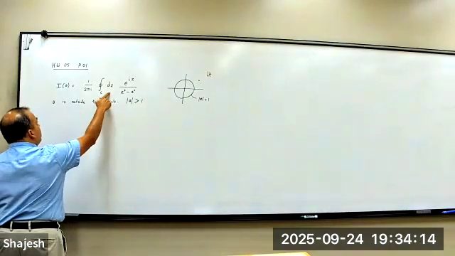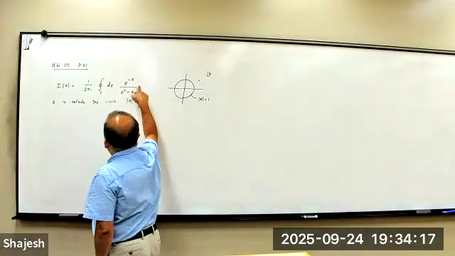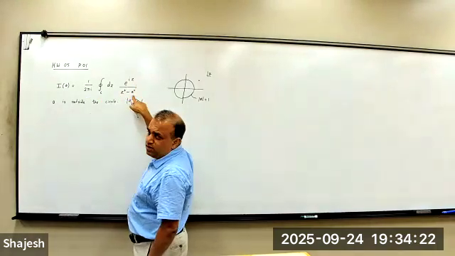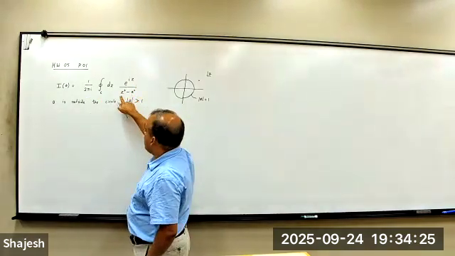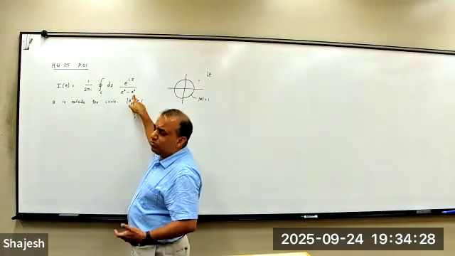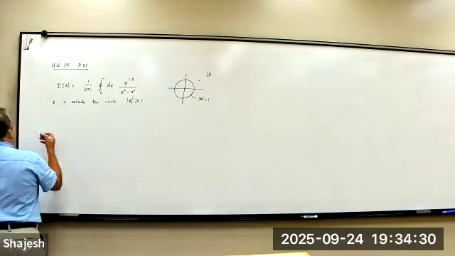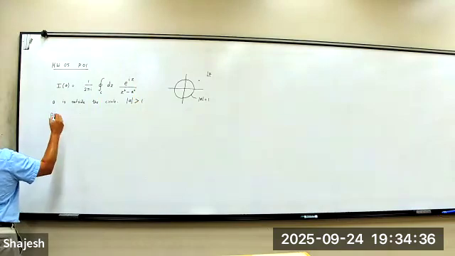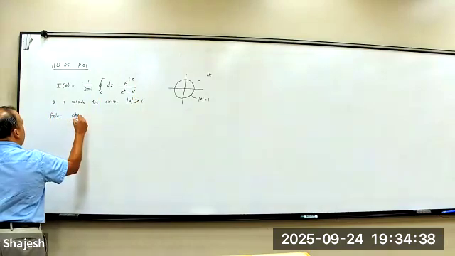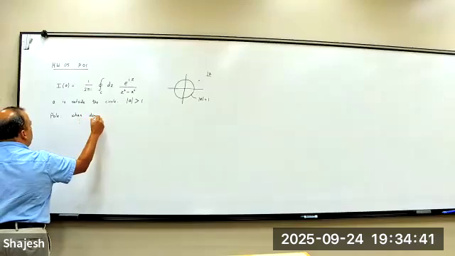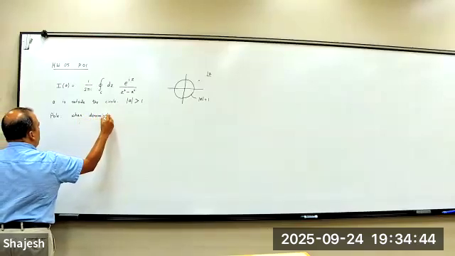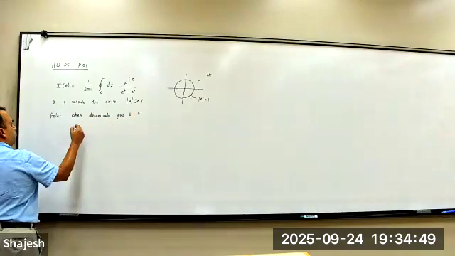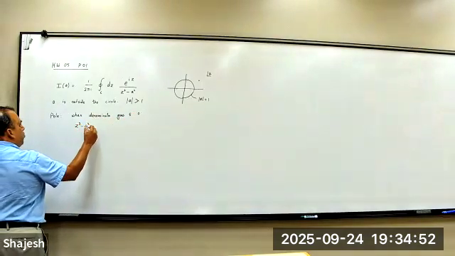If that's the case, this is an analytic function. Exponential is an analytic function, and in the denominator there are 2 poles. Whenever the denominator becomes 0, that's where the poles are. So z squared minus a squared is equal to 0.